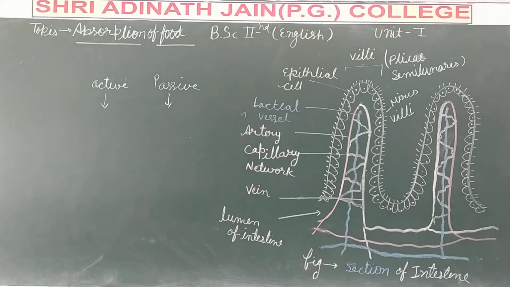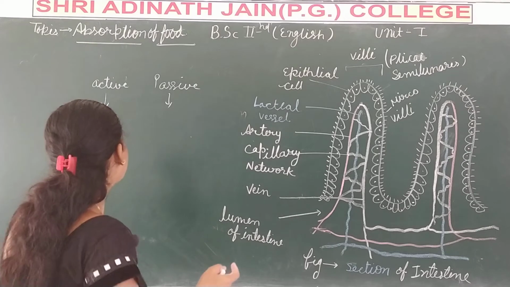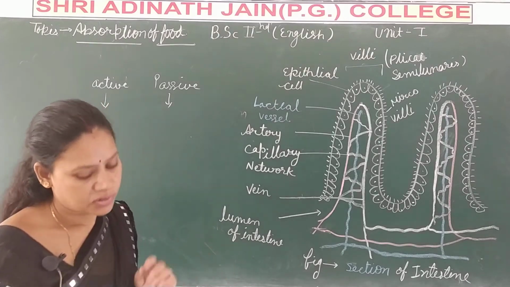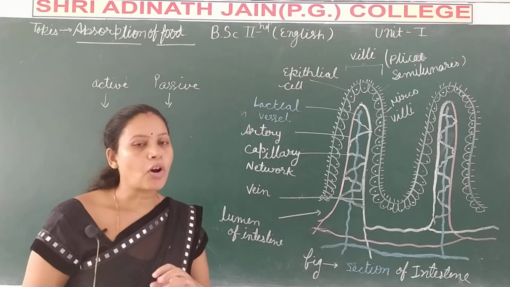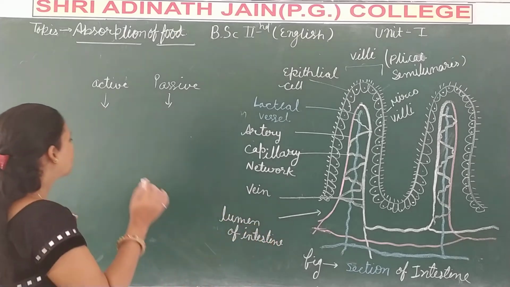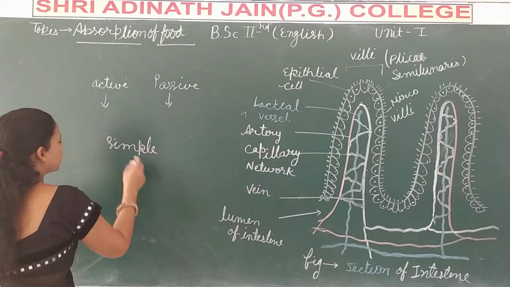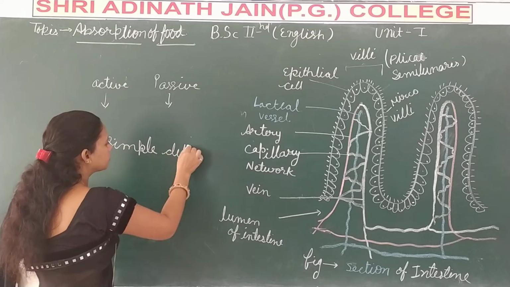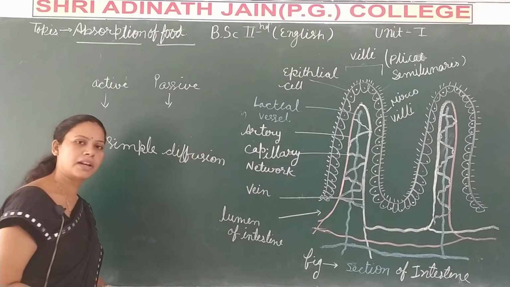Okay, so the active and passive transportation is divided into two types: simple diffusion and facilitated diffusion.